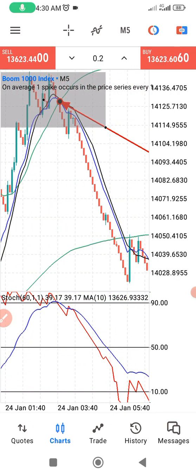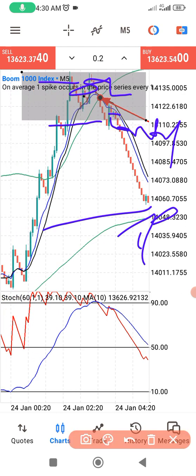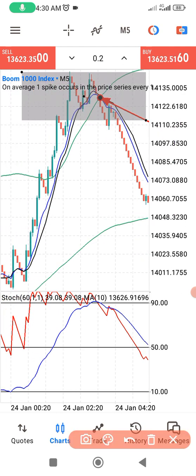Good. Can you see? Beautiful. You can see that the same thing is happening up there outside the band on 5 minutes. Let's confirm it on 1 minute.